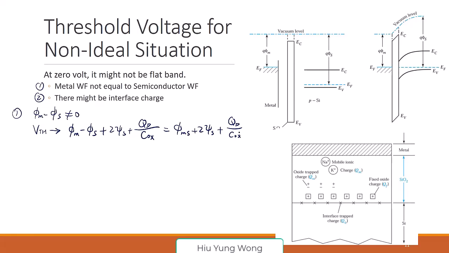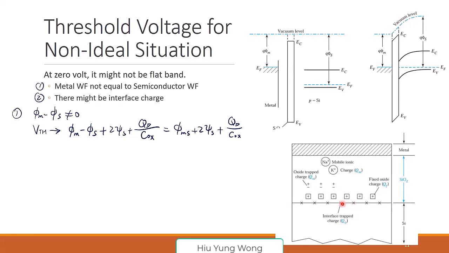Besides that, we may also have something called interface charge. This is the oxide, and you might have interface charge at the interface. They can be traps or fixed charge. Fixed charge means that they never change their nature. They are always positive or negative. But interface traps can trap electrons or detrap electrons.